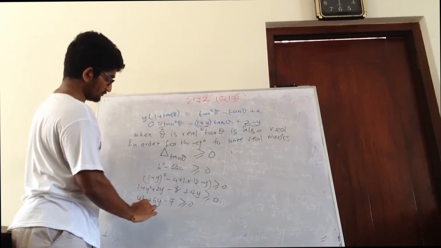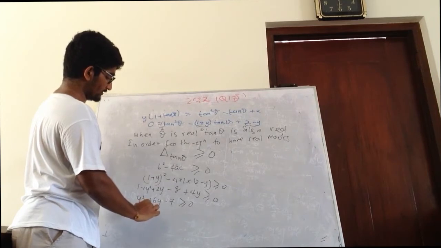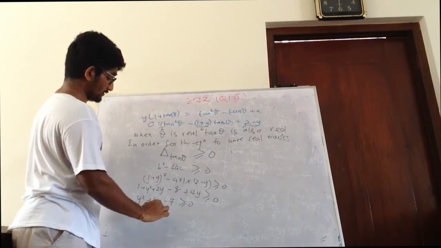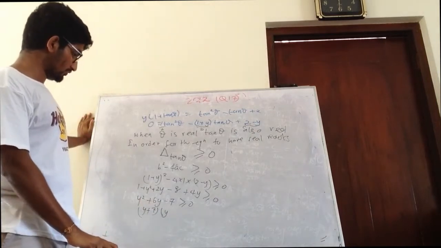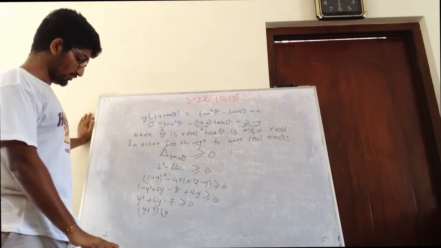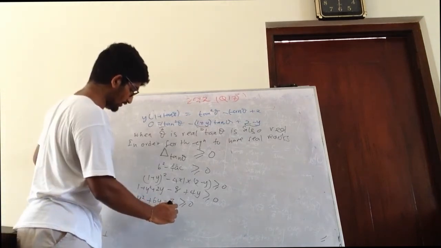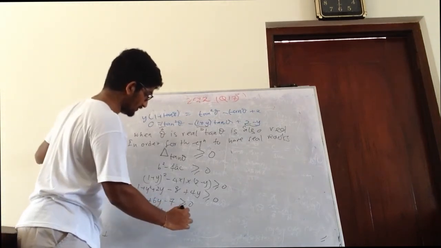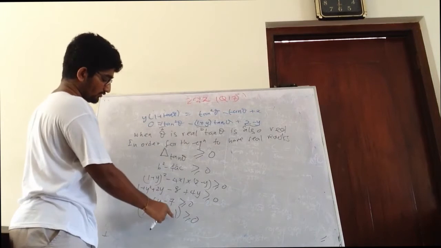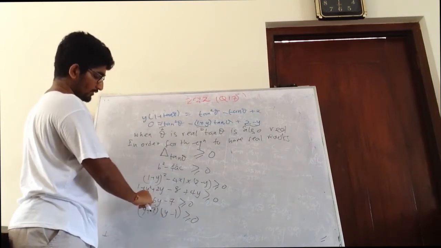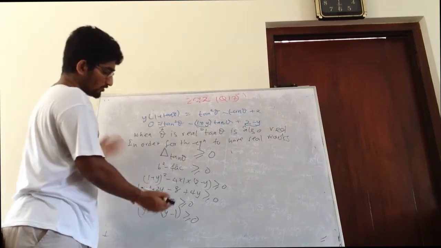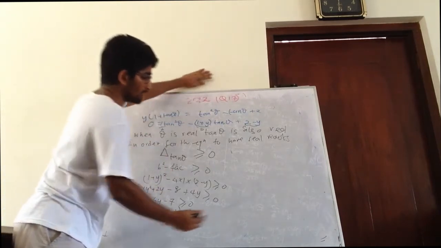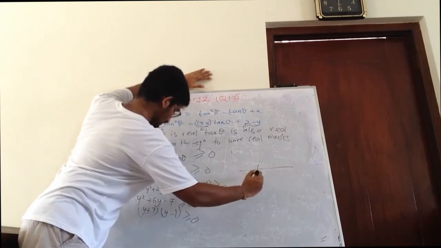That means (y plus 7)(y minus 1) is greater than or equal to 0. So 7 into 1 is minus 7, so 7y minus 1. So now this is the requirement of y. What does that mean?